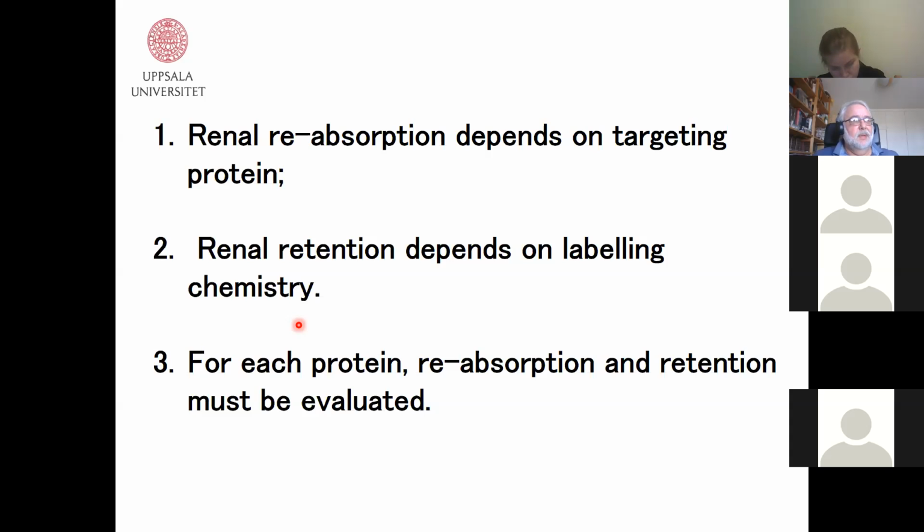For example, a nanobody, a single domain antibody, had a high reabsorption when there was a hexahistidine tag for purification, but cleavage of the hexahistidine tag results in much lower reabsorption in kidney.